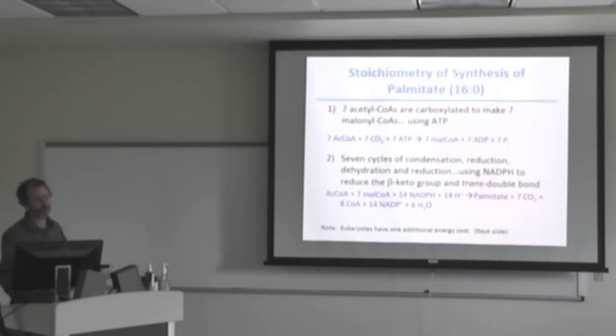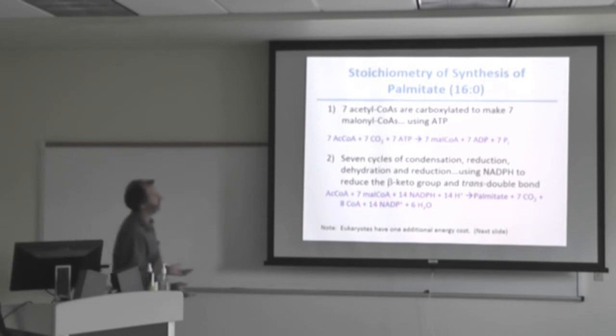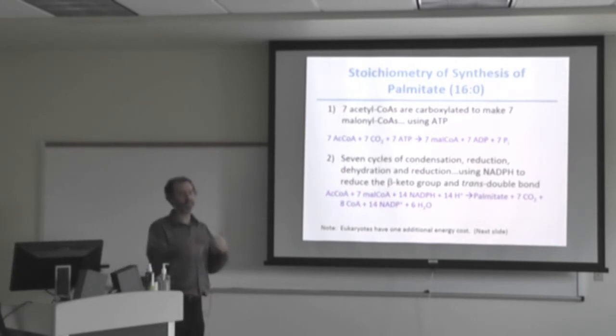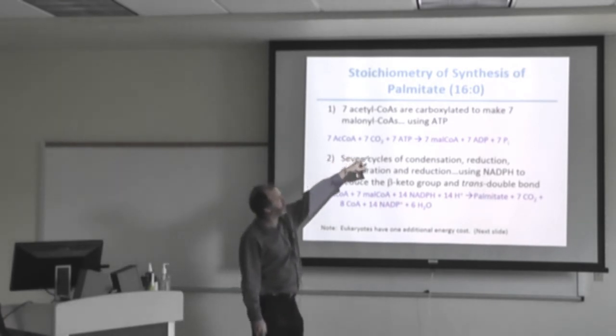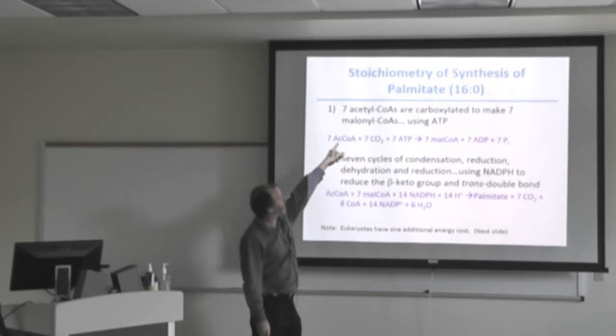And then the stoichiometry of the synthesis of palmitate. Like I said, I don't like you memorizing numbers and things like that. But take 7 acetyl-CoAs that are carboxylated to make 7 malonyl-CoAs using ATP.